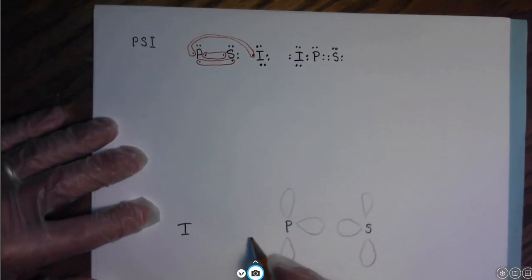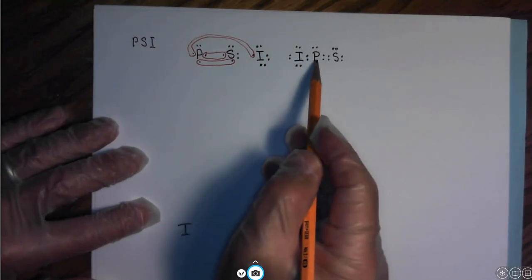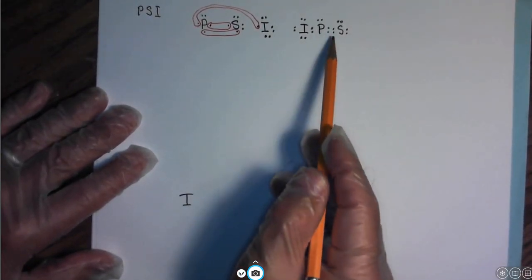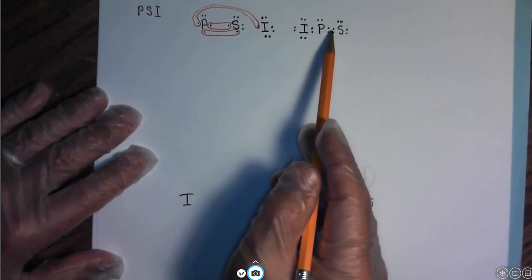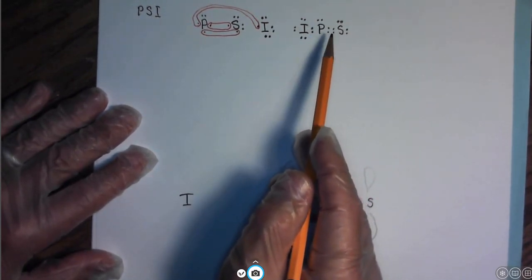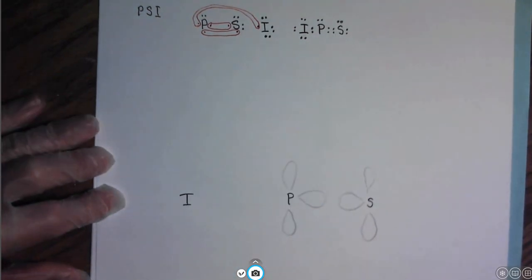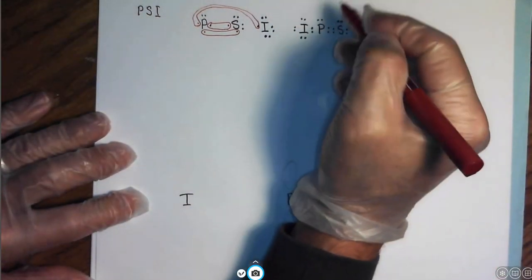got that? So if we go back up here and look at this Lewis dot formula, I've got a double bond right here. If I have just one double bond on an atom and no second double bond, the hybridization of that atom has to be sp2.